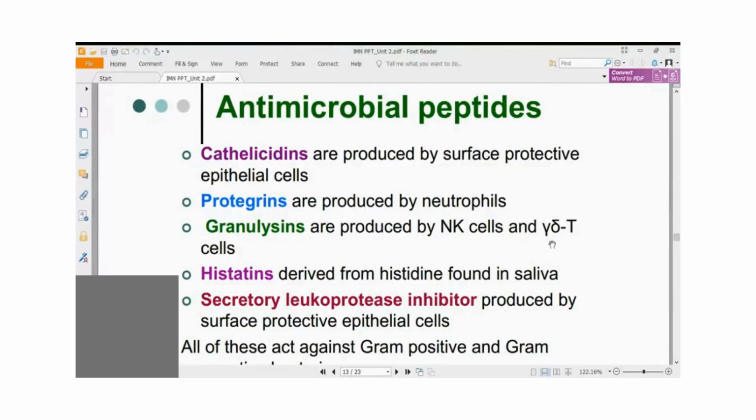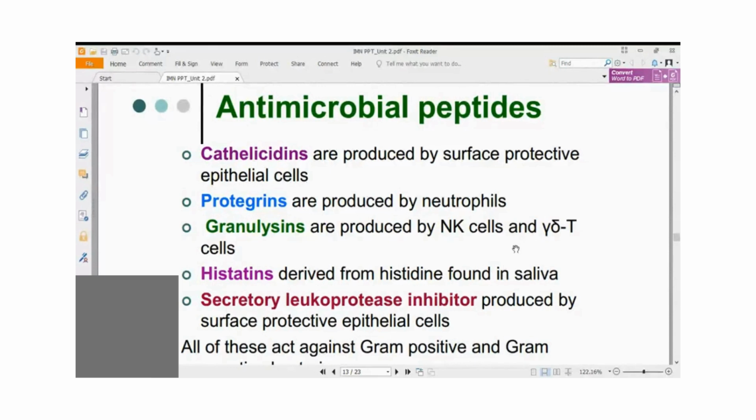Similarly, there is also a population of gamma delta T cells. These gamma delta T cells and natural killer cells are innately capable of defending our system. I'll give more details later in innate immunity.